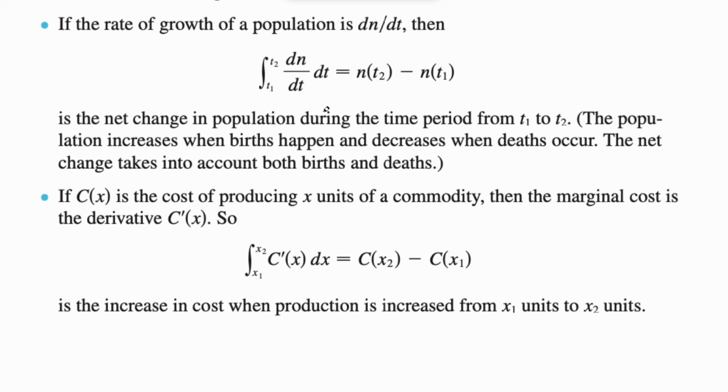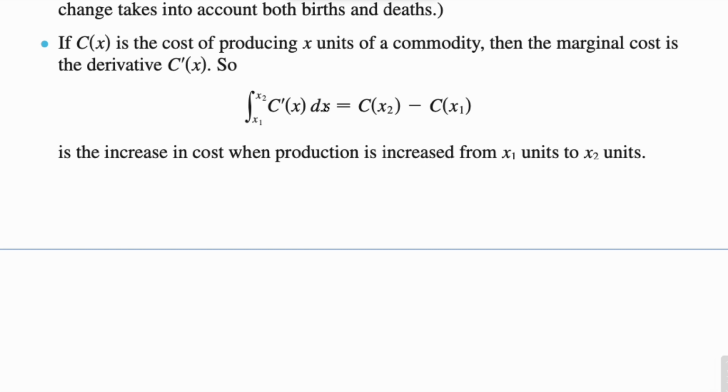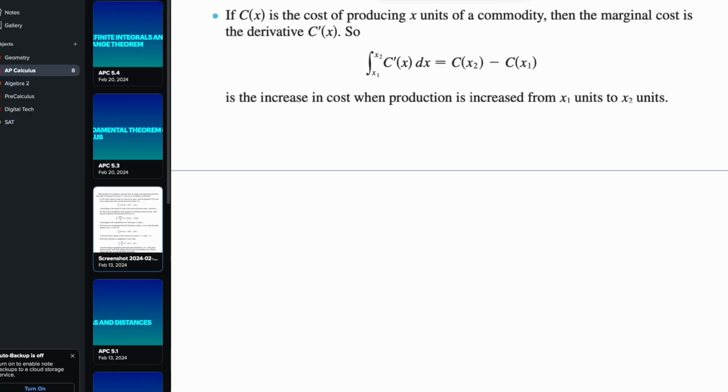It's the net change of the function during the time period. Cost of producing x units of a commodity, the marginal cost is going to give you, again, the exact same. If you take the integral of a derivative, it's going to give you the original function, where you subtract the initial from the end result.